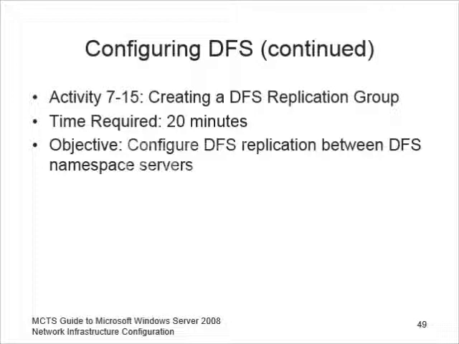The larger the DFS deployment, the more complicated the replication process becomes. By default, replication groups use a full mesh topology, which means that every member in a group replicates with every other member. For small DFS deployments this is a satisfactory solution, but on larger installations, the full mesh topology can generate a huge amount of network traffic.